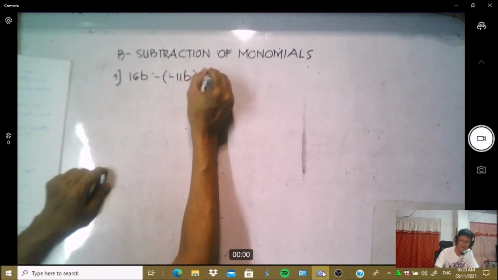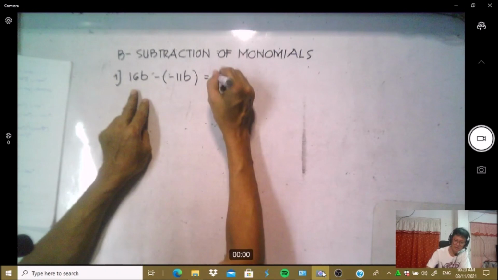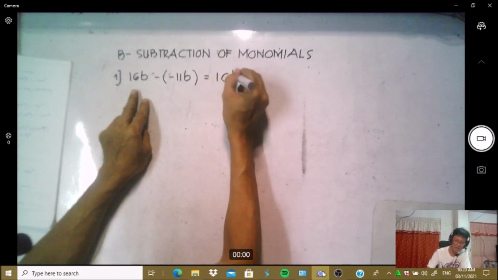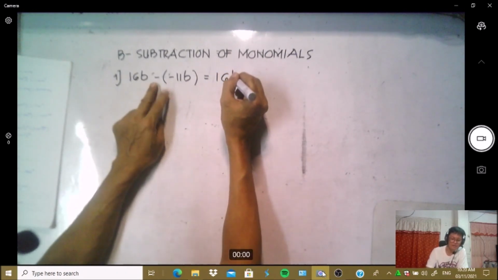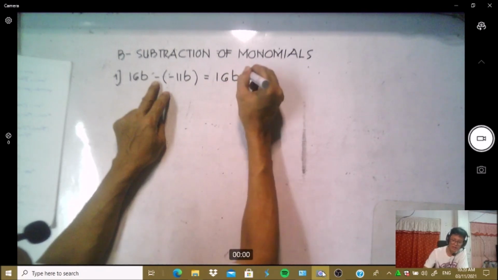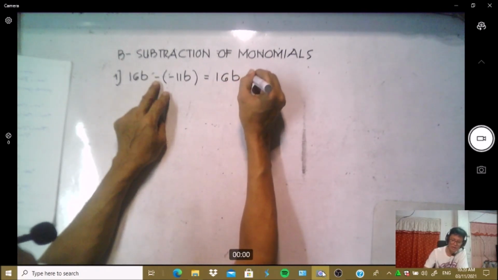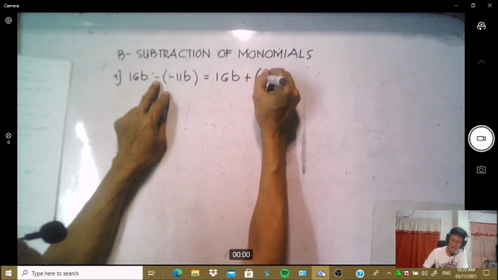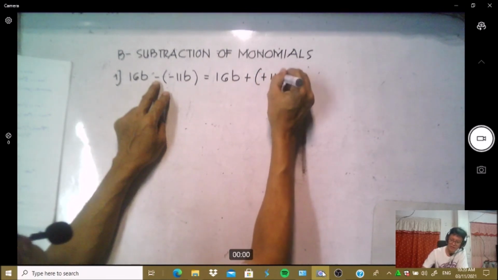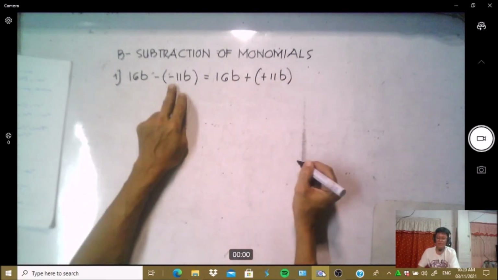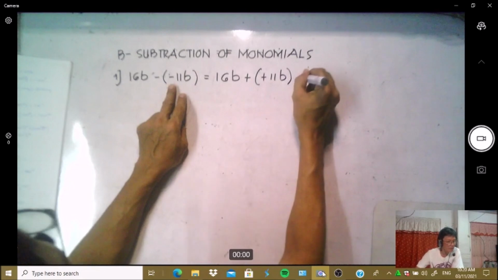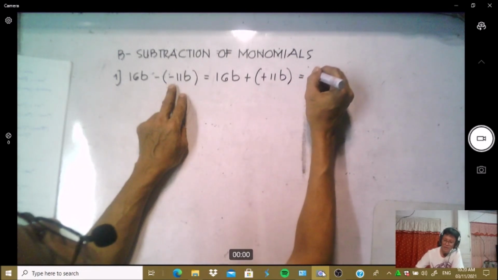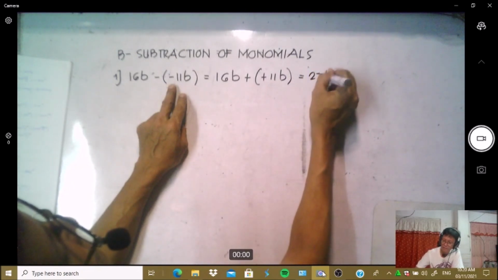We have 16b, change this minus sign to addition, then plus 11b. We have changed the sign of the subtrahend, and therefore our answer is 16 plus 11 is 27b.